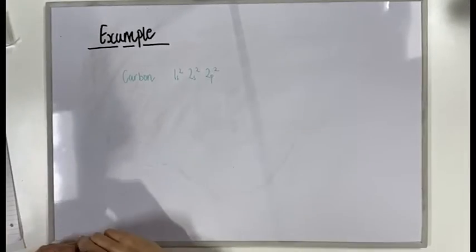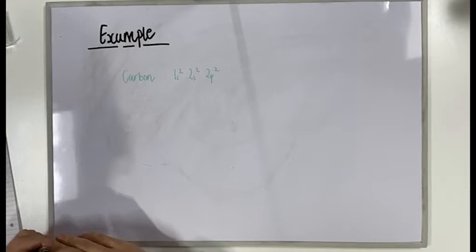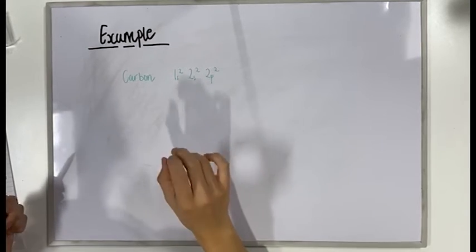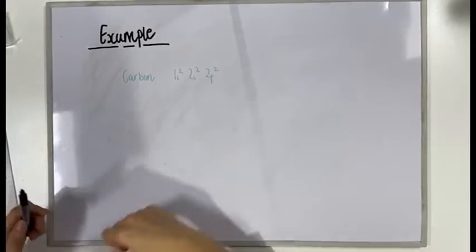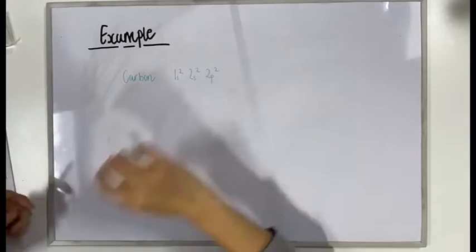So here we are going to go through an example. The example in question that we're looking at is carbon. So we're going to pull apart this electron configuration that we're given for carbon.